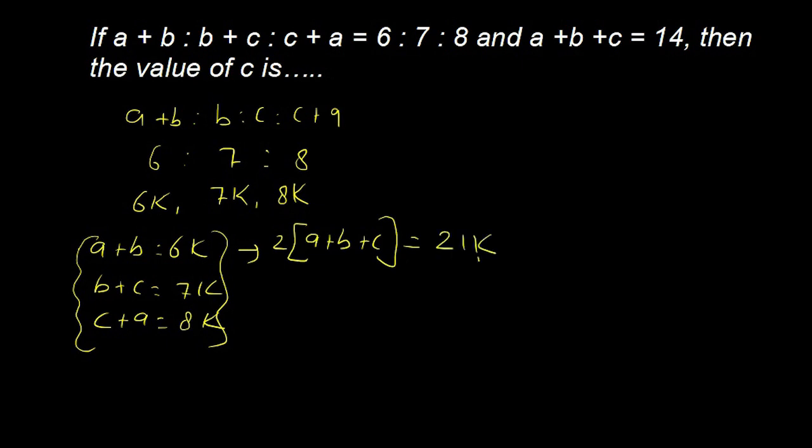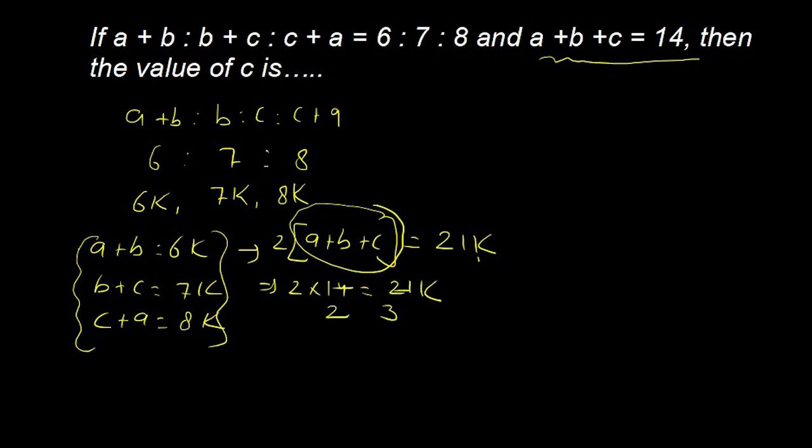And that is also given to you. Why did I start with this? Because I got the value of a plus b plus c. So 14 equals 21k. 7 twos are 14, 7 threes are 21, so 2 twos are 4, so 4 is equal to 3k. So your k is going to be 4 by 3.